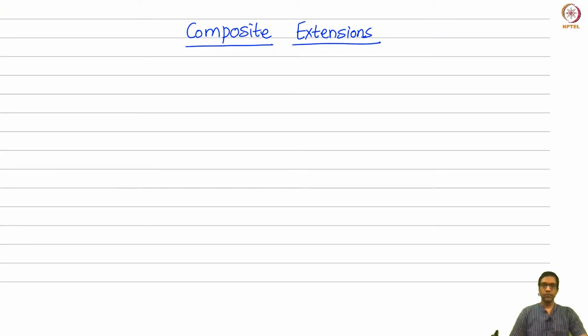Let's talk about composite extensions. Definition: suppose I have two subfields of C. I'll only worry about subfields of C, but of course all these definitions are more general.